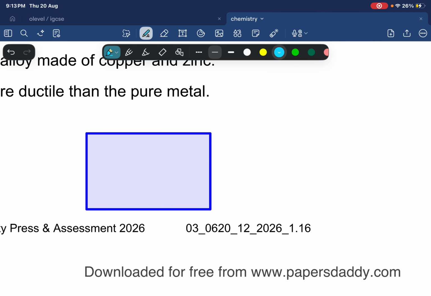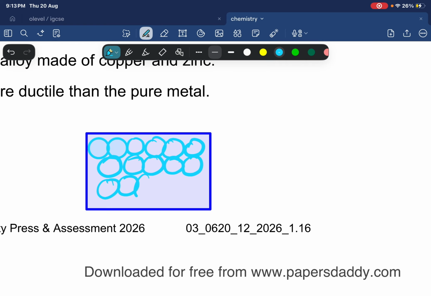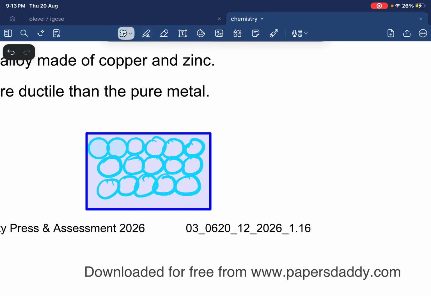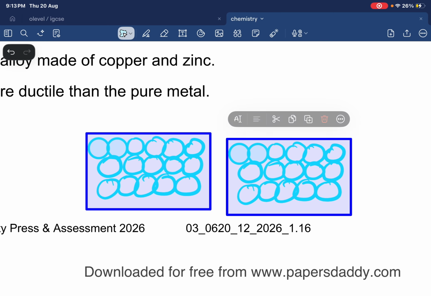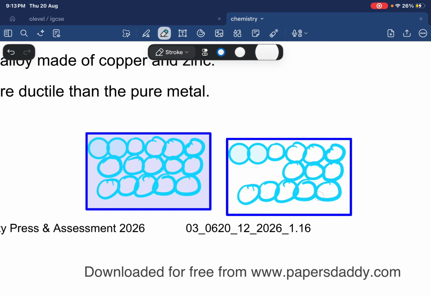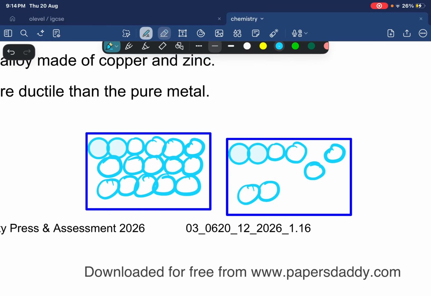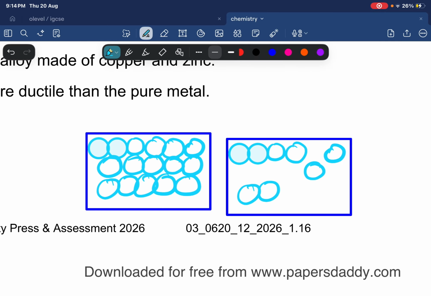Look, iron is going to have atoms arranged like this in a straight line. Let me just draw them. That's going to be your iron. Now let me draw your stainless steel.